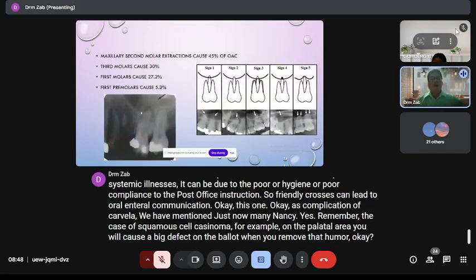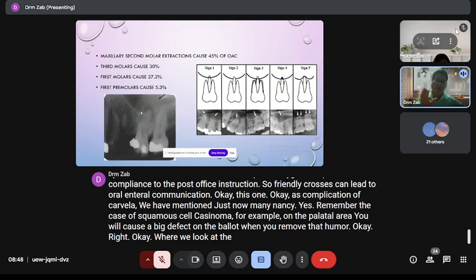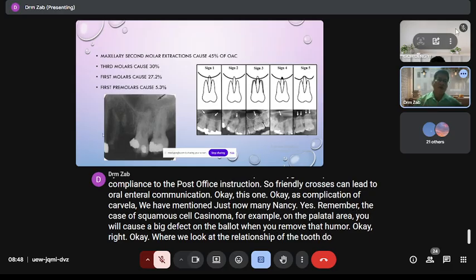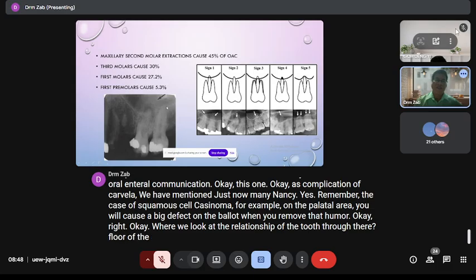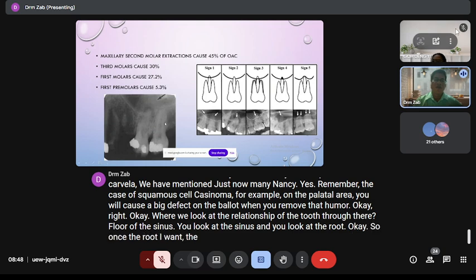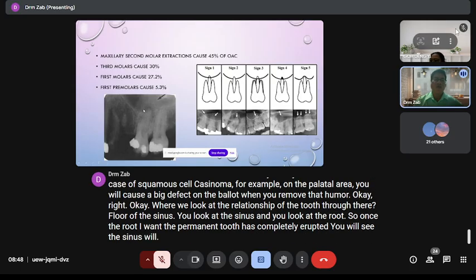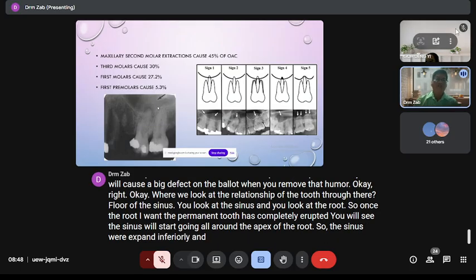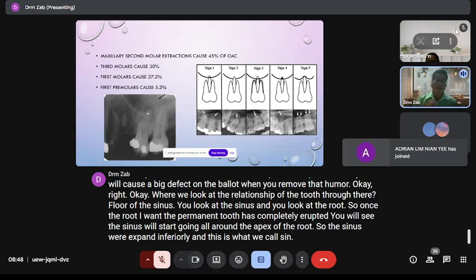Okay, right, okay. When we look at the relationship of the tooth to the floor of the sinus, you look at the sinus, you look at the root. So once the permanent tooth has completely erupted, you will see the sinus will start going all around the apex of the root. So the sinus will expand inferiorly, and this is what we call sinus pneumatization.